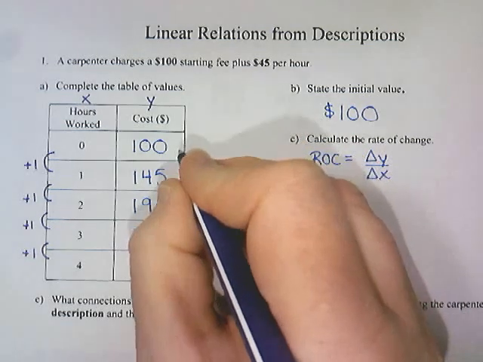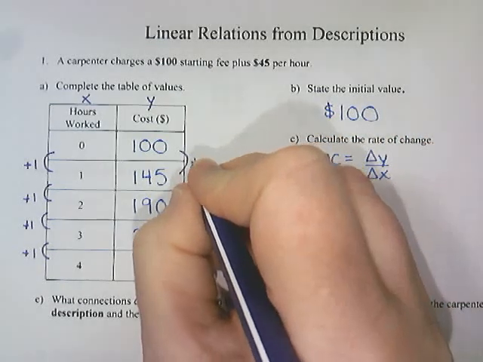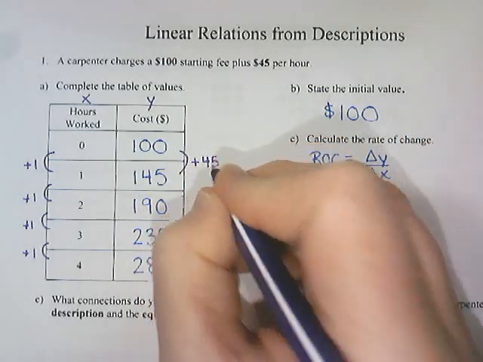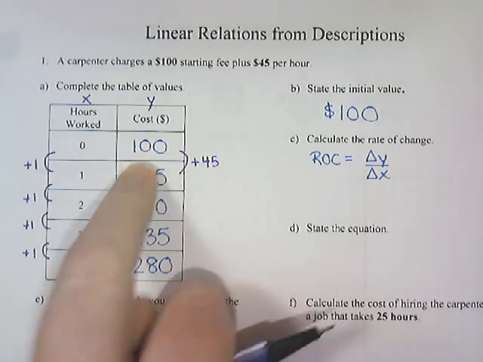On the other side, to get from 100 to 145, I can do that in my head. I see that I added 45. If you're not sure, you do 145, take away 100.